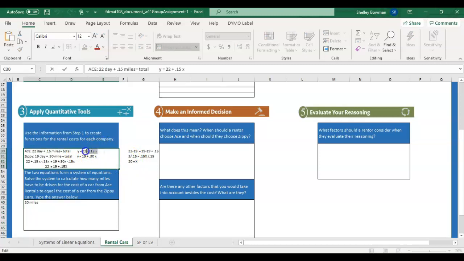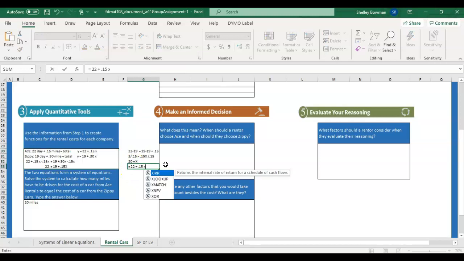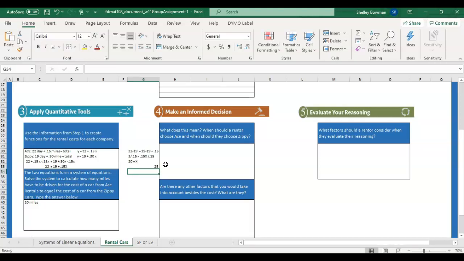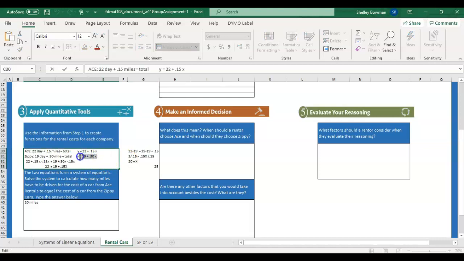So here, instead of doing this all by hand, I'm going to copy Control C, the first equation, and then Control V, paste it in here, and replace this x with times 20. And press enter, and it gave me 25. To verify that this is indeed the answer for both of these, I'm going to copy and paste it here for the second equation, and again replace that x with times 20.